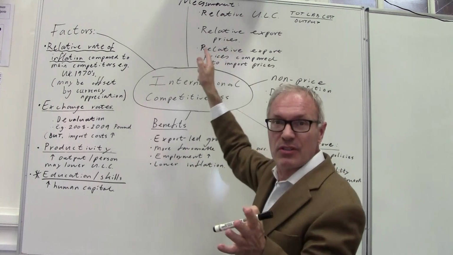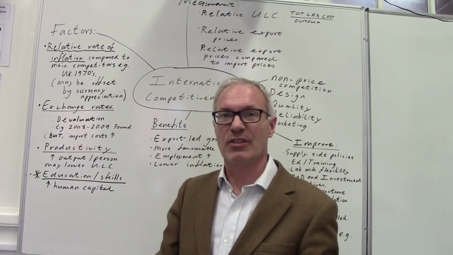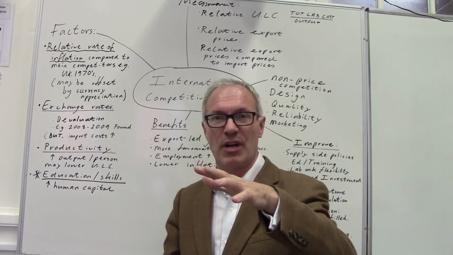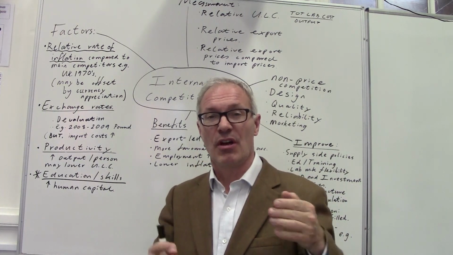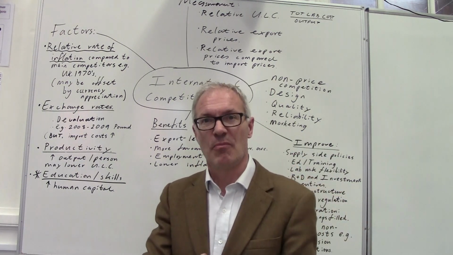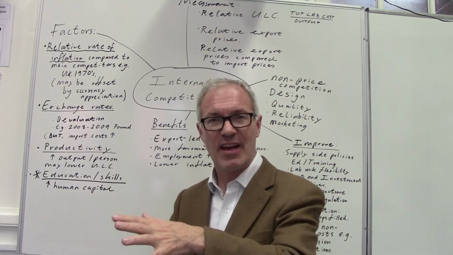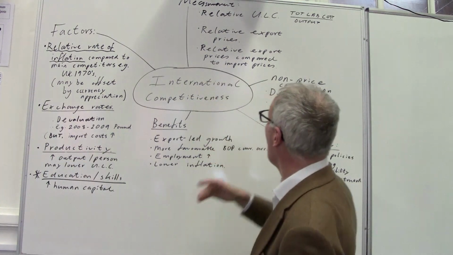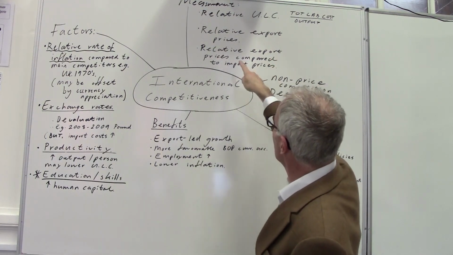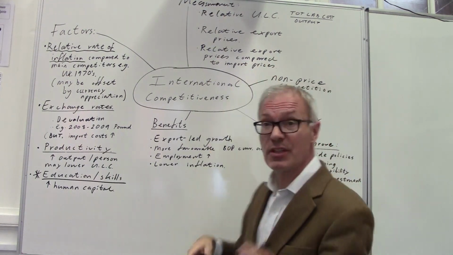Relative export prices are a key measure, so that's the average export price of, say, the UK, compared to our main competitor countries. What is their average export price? And another measure is relative export prices compared to import prices.